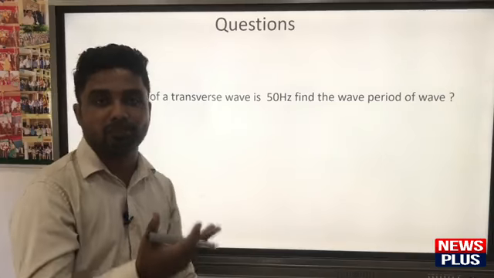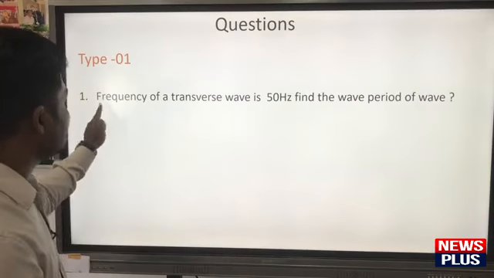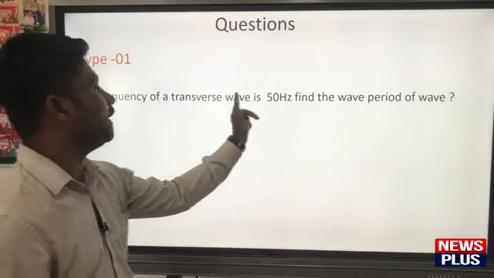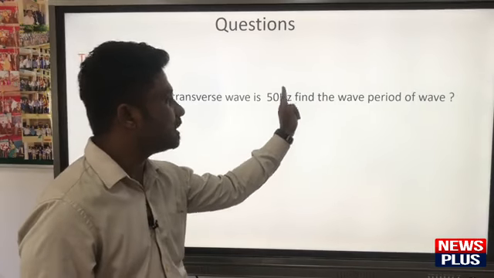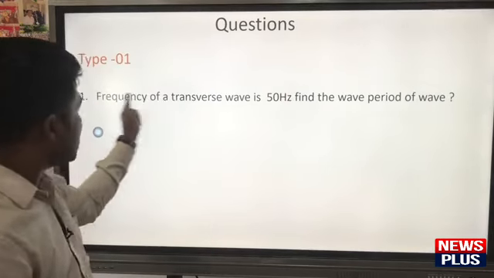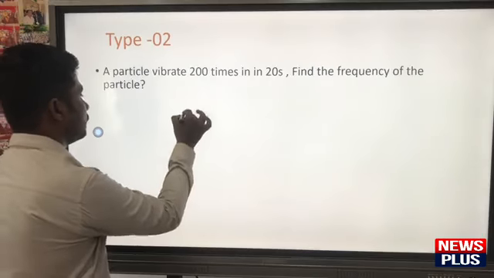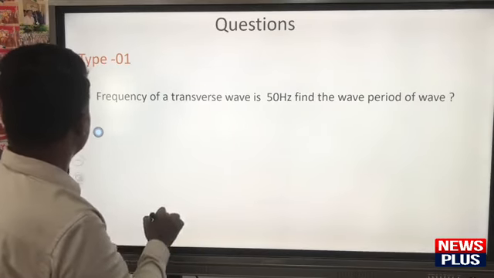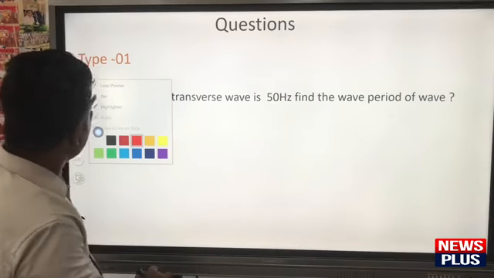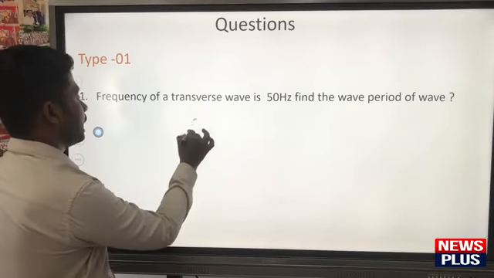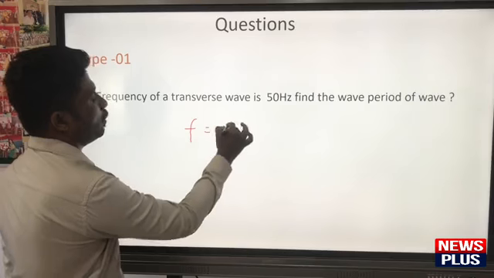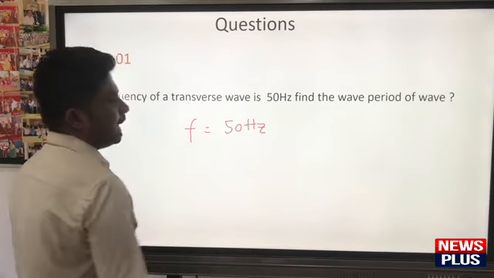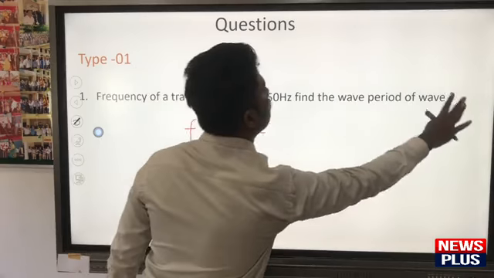The first question is, the frequency of a transverse wave is 50 hertz, f is equal to 50 hertz, and find the wave period.